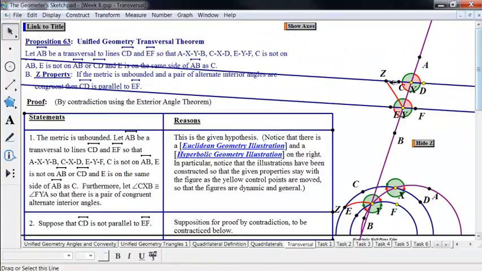Okay, so without loss of generality, we can assume Z's over here. Now the drawing gets a little wacky because it's saying there's some point out here, somewhere out here. Wherever this is out here, it's supposed to be a Euclidean line segment there, I think.